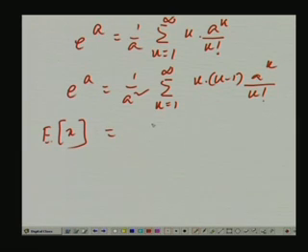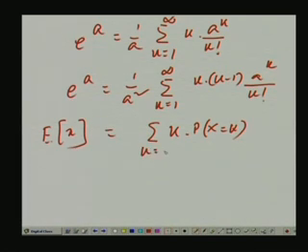So, expected value will be k times P(X equal to k), summation k equal to 0 to infinity. Now, you know k equal to 0 case can be ignored, because you are multiplying by 0. Okay. So, I start this summation with k equal to 1, okay.